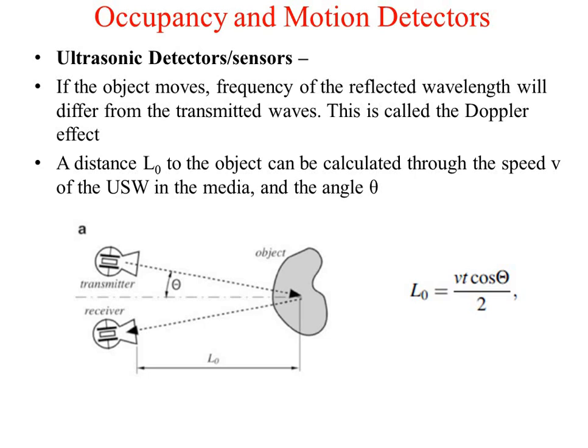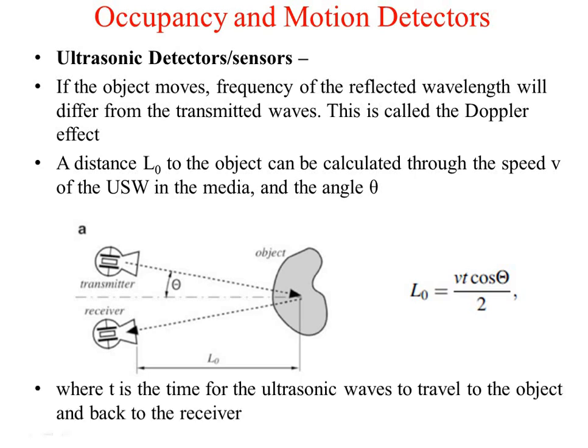That will give you the distance the object is away from the receiver. So you can easily calculate the distance as L = Vt cos theta divided by 2, where t is the time taken by the ultrasonic wave to travel to the object and back to the receiver. This is the total time from transmitter to receiver through the object.